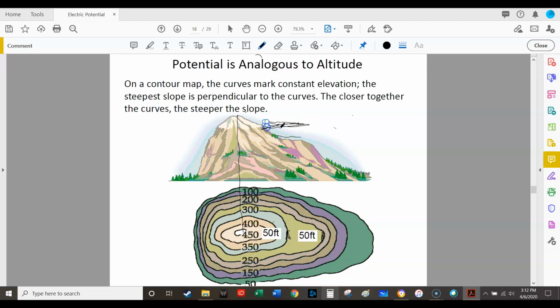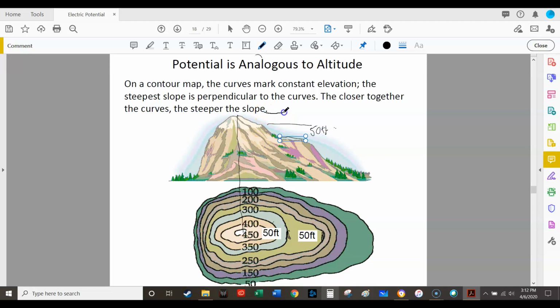Shoot, sorry. Let me get rid of that and redraw that again. So this difference right here, we said this height right here is 250 feet. Well, this part is going to be 50 feet here. So this is going to be a 50-foot difference.